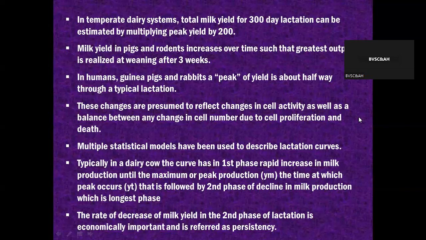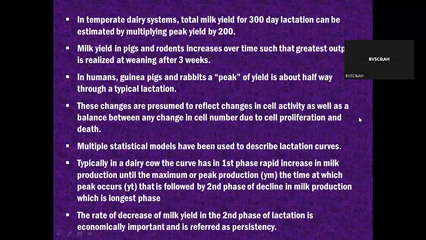So typically in a dairy cow, once there is parturition, the baby has taken birth, the milk increases rapidly, exponentially, until it reaches the maximum peak production by day 60, and then it declines slowly, and that is the second phase of decline in milk production.